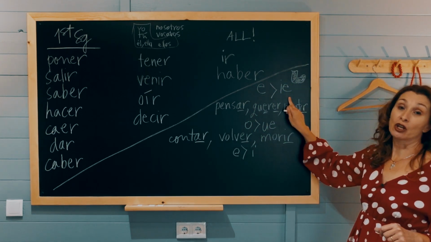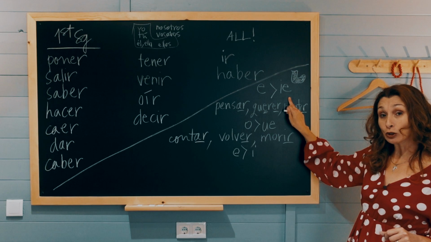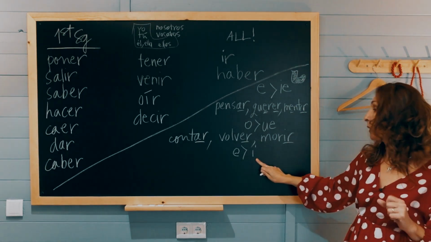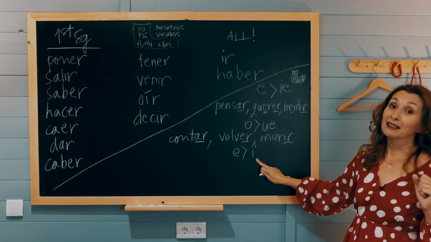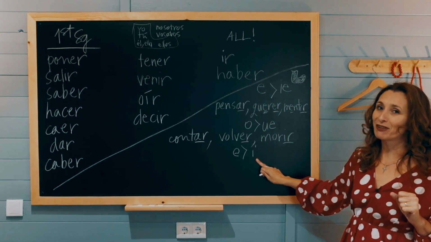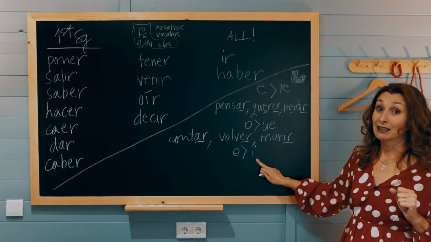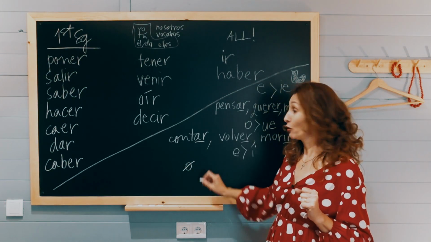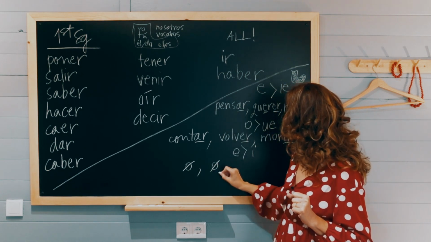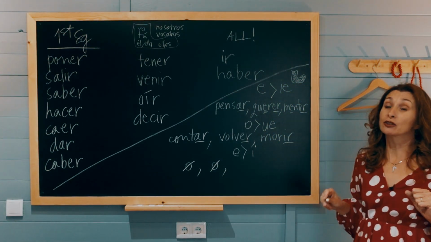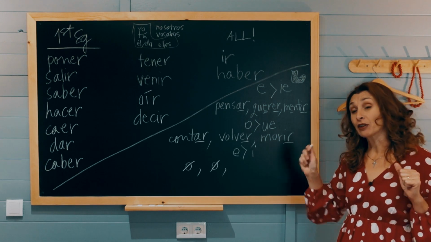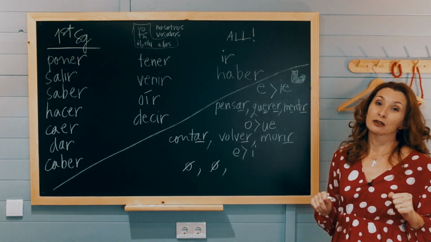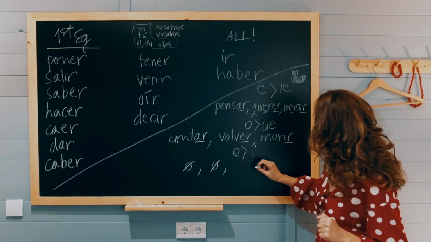Here we had o changing to ue, a diphthong, and here we have e changing to i, and this one only affects some verbs in the third conjugation. So we have no examples from the first conjugation, no examples from the second, only a few verbs from the third one, so ending in ir, will show this irregularity.